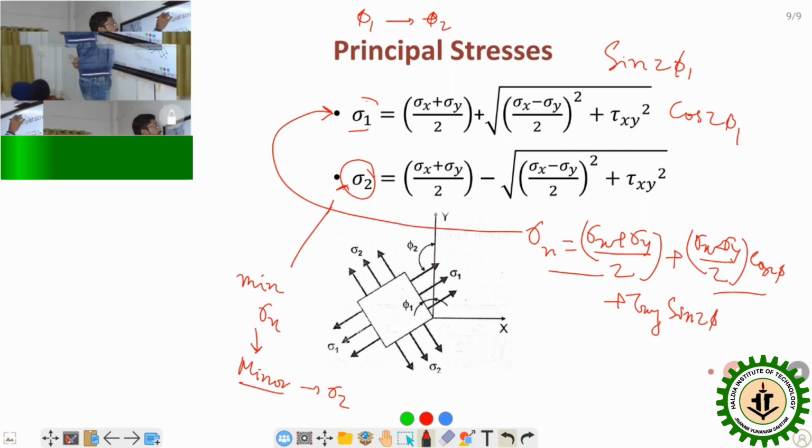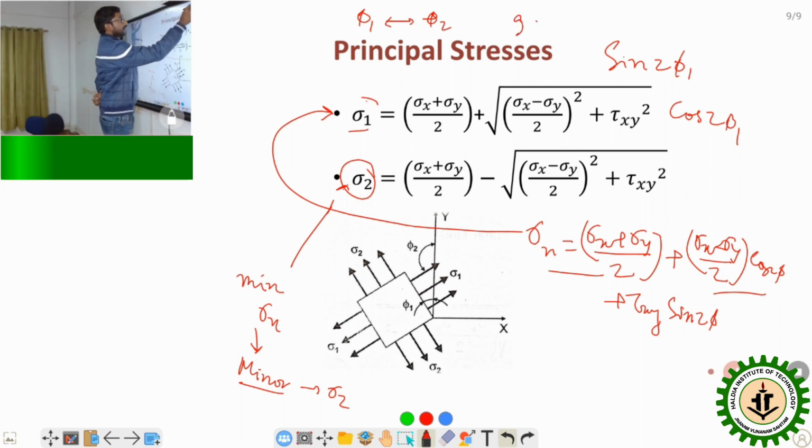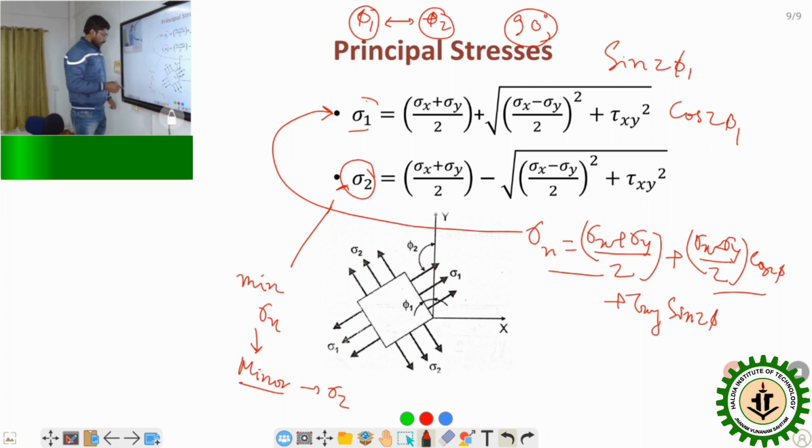The difference between this phi 1 and phi 2 is 90 degrees, which means phi 1 indicates the major principal plane, phi 2 indicates the minor principal plane, and the difference between these two planes is 90 degrees, that is they are perpendicular.